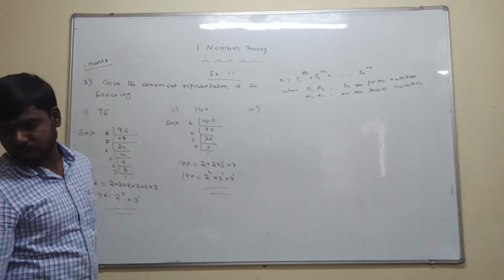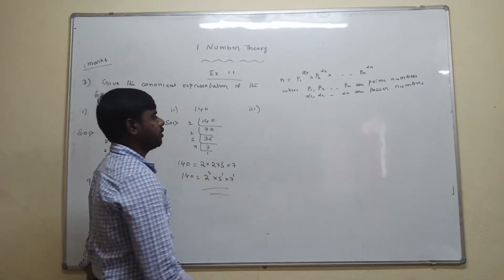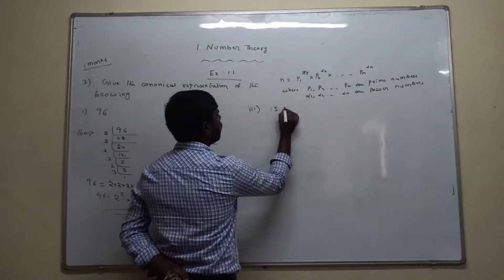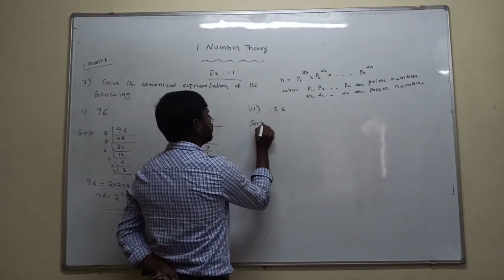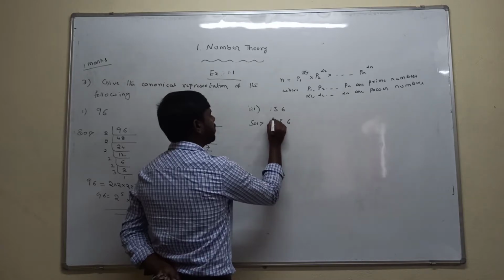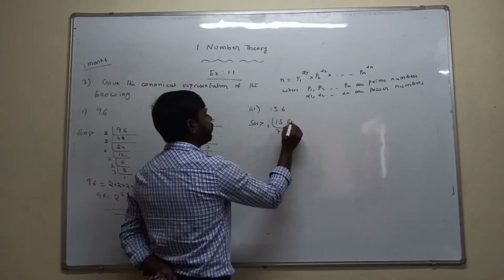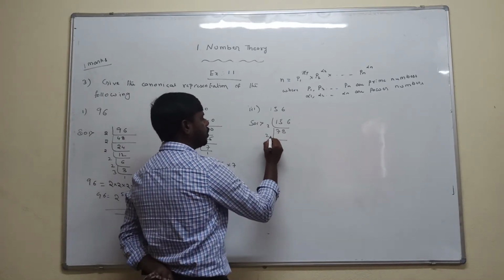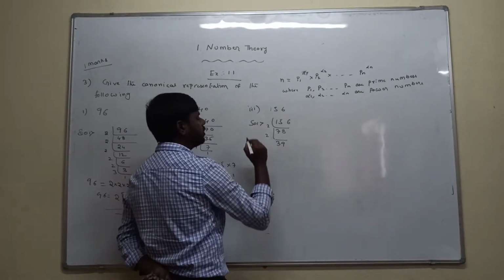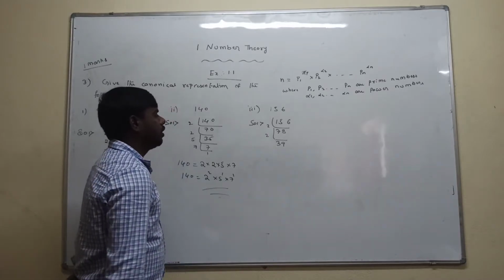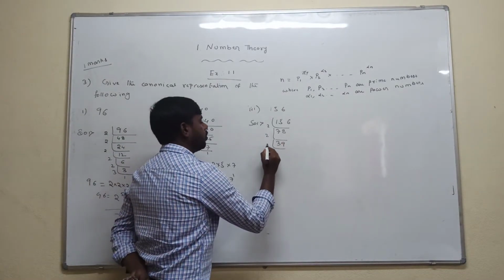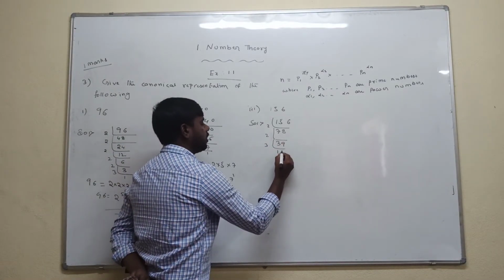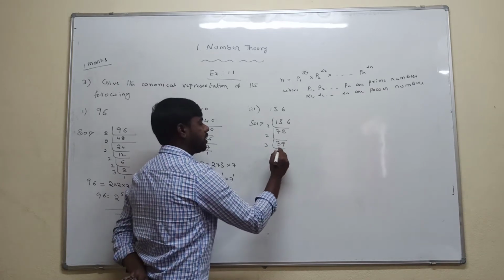See the third question, they have given 156. 156 by using the division method. 2 sevens are 14, remaining 6. 2 eights are 16. Next 2 threes are 6, 2 nines are 18. Now 39 is divisible only by 3. 3 ones are 3, 3 thirteens are 39.